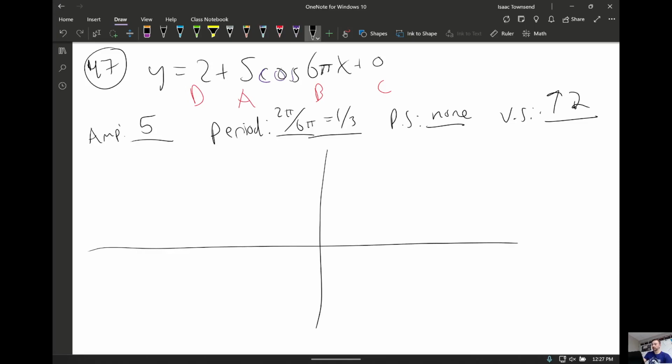So I know cosine goes through 1. I'm thinking about, I need to squeeze 5 on my graph, so that's why I'm not putting 1 way up here. 2, 3, 4, 5. Actually, with the vertical shift of 2, I probably want it to go up to 7.